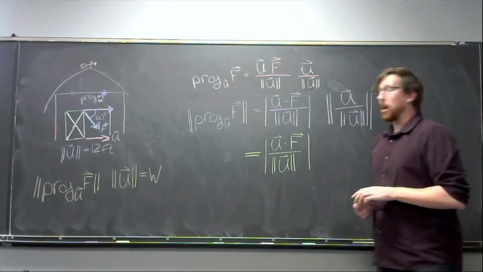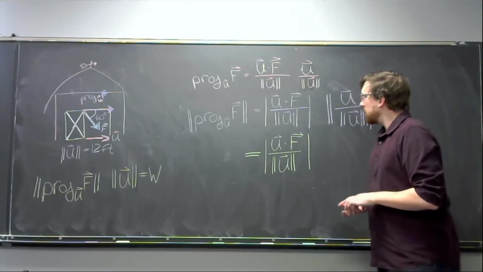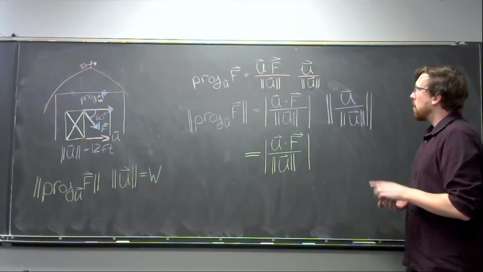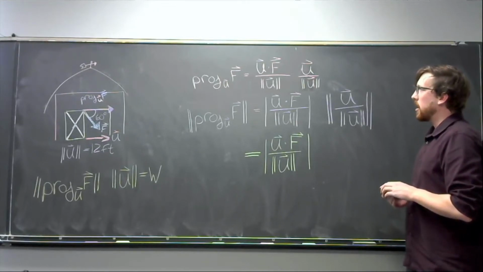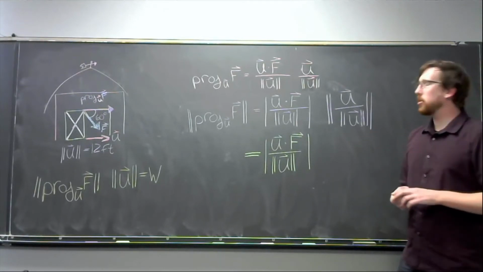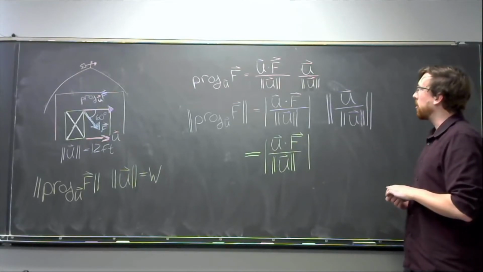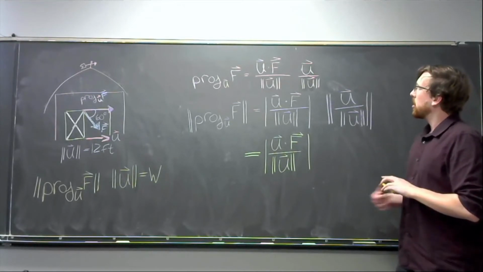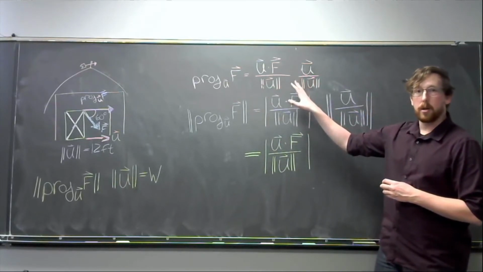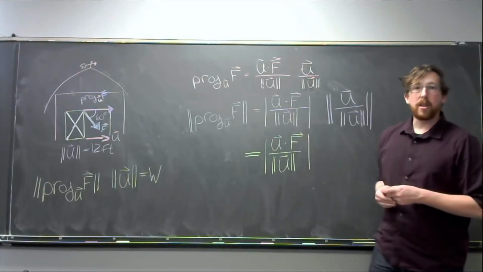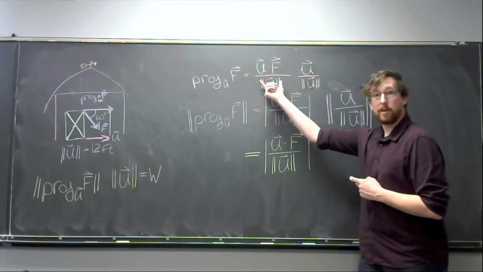But before we go there, I want to point something out. Notice when we work all of this out, when we start working out the projection and then find the magnitude of the projection, something funny happens in the math. In this first bit, we can break up the fraction this way, right? Yeah, we were talking about that last class. We could break it up so that we have a unit vector times some value, right?